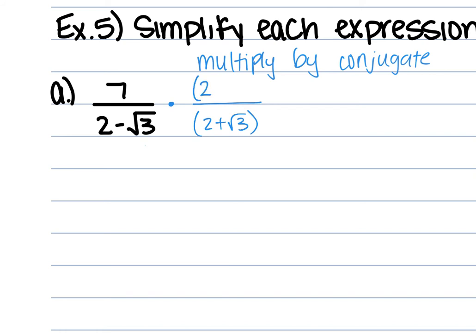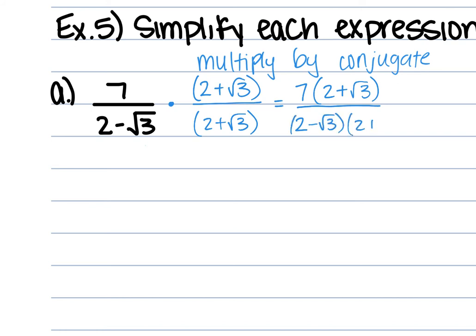The numerator by the exact same thing. So now watch. We're going to get 7 times 2 plus the square root of 3 over 2 minus the square root of 3 times 2 plus the square root of 3.